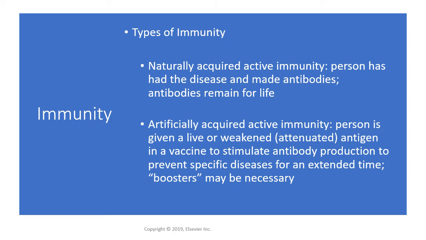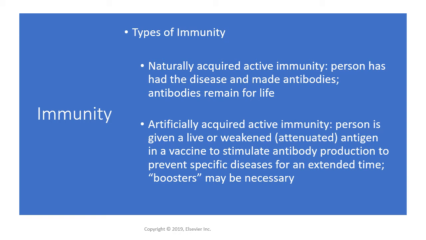Flu is a good example. We give a small weakened or attenuated antigen that makes the antibodies wake up and say, hello, there's a germ in the body, and produce more antibodies. We do that in an effort to maybe make you a teensy bit sick or not sick at all, but have your body start producing those antibodies so that they can recognize the germ, make a ton of antibodies, and ward off any flu that you might see for that season.